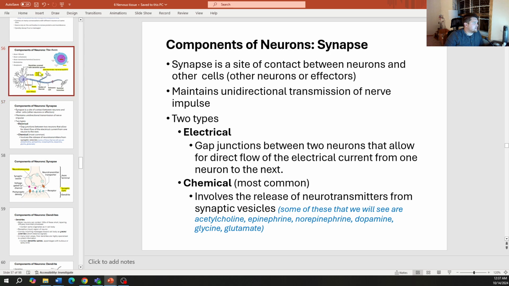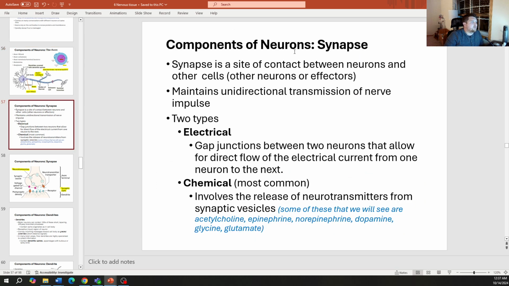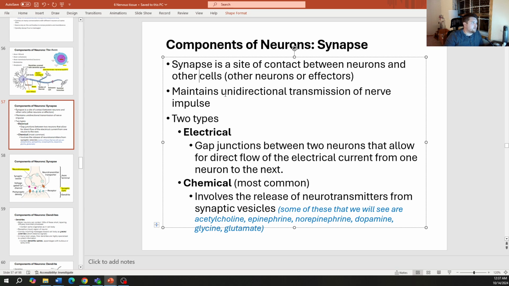So the synapse. We follow the axon all the way along. We get to those terminal branches, those axon terminals, terminal boutons, and we get something called a synapse. The synapse is the site of contact between neurons and other cells. It's unidirectional transmission of nerve pulse, so it always goes in one direction, and there can be electrical or chemical involved.